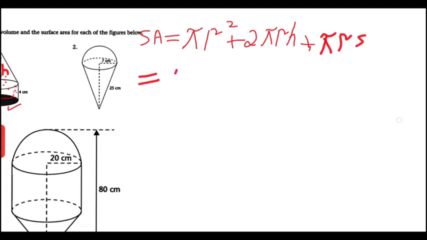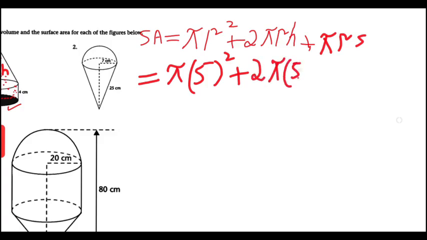So therefore pi times 5 squared, plus 2 pi times 5 times the height of the cylinder 4, plus pi times the radius 5 times the slant height we found, which is 13.